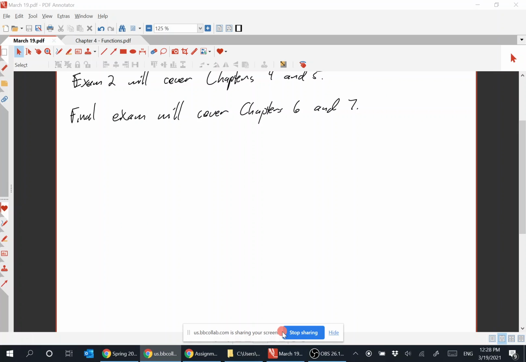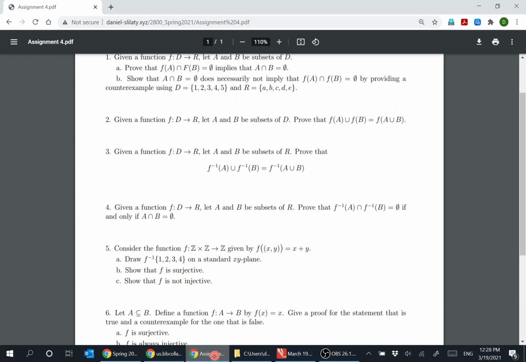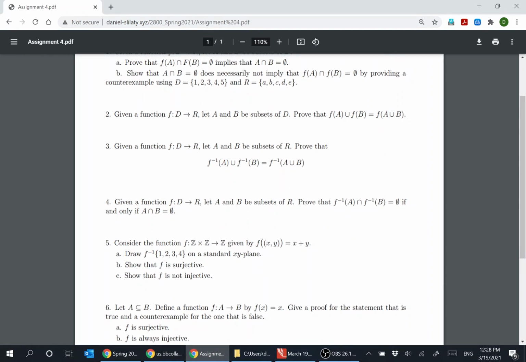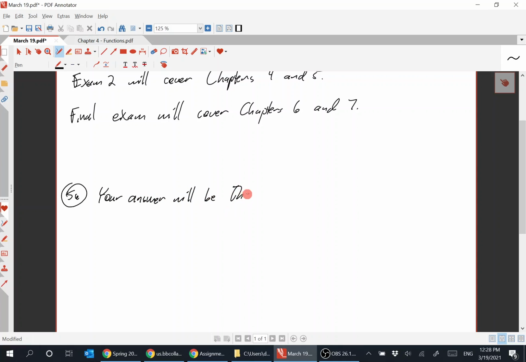So on 5A, your answer on 5A will be the collection of integer points on some graph.